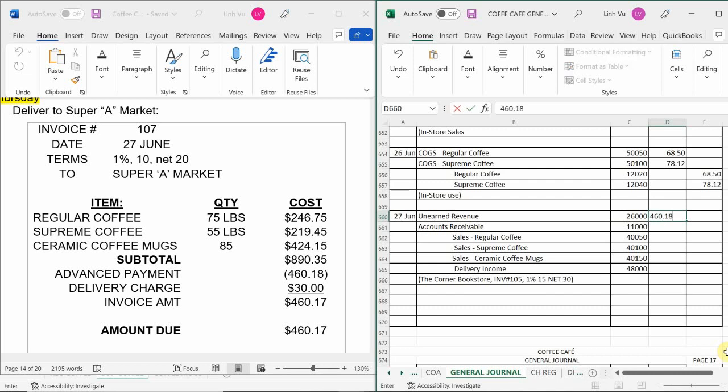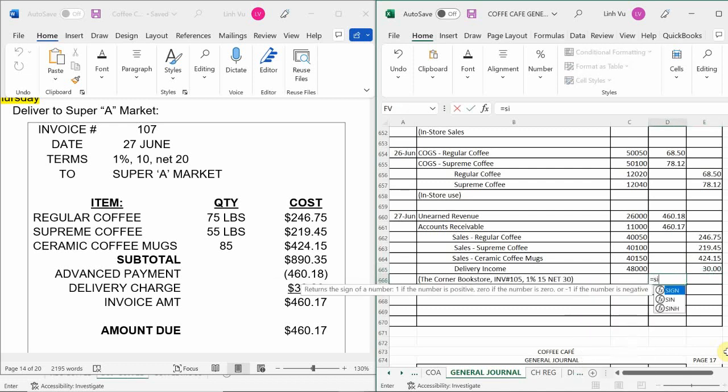And in accounts receivable, we will put the 460.17. Dale's regular coffee is 246.75. Supreme coffee is 219.45. Ceramic mugs is 424.15, and delivery income is $30.